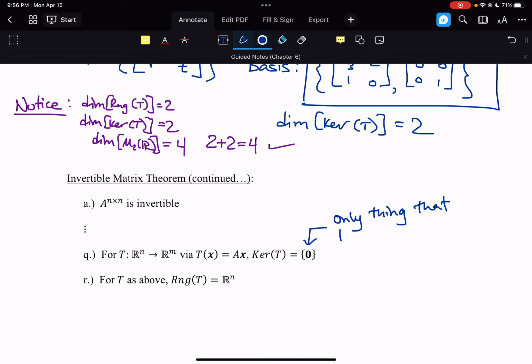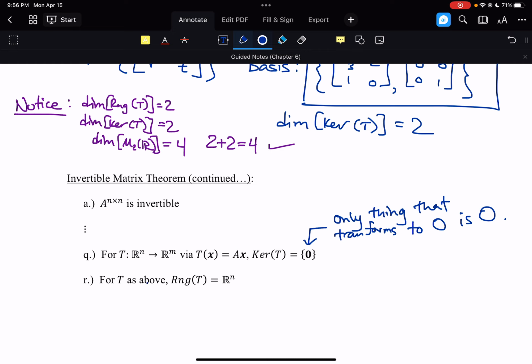That's what this is saying, for a matrix transformation. If that's the case, then that matrix in the transformation is invertible.